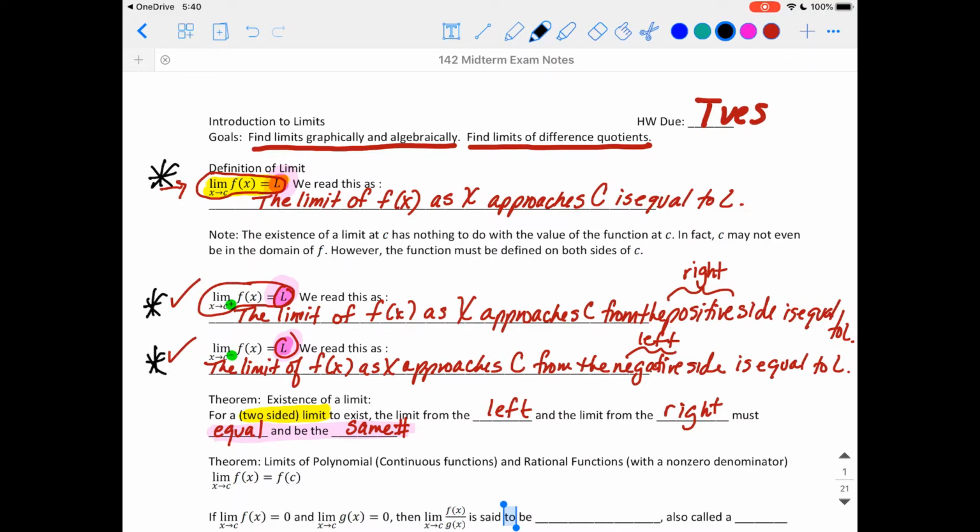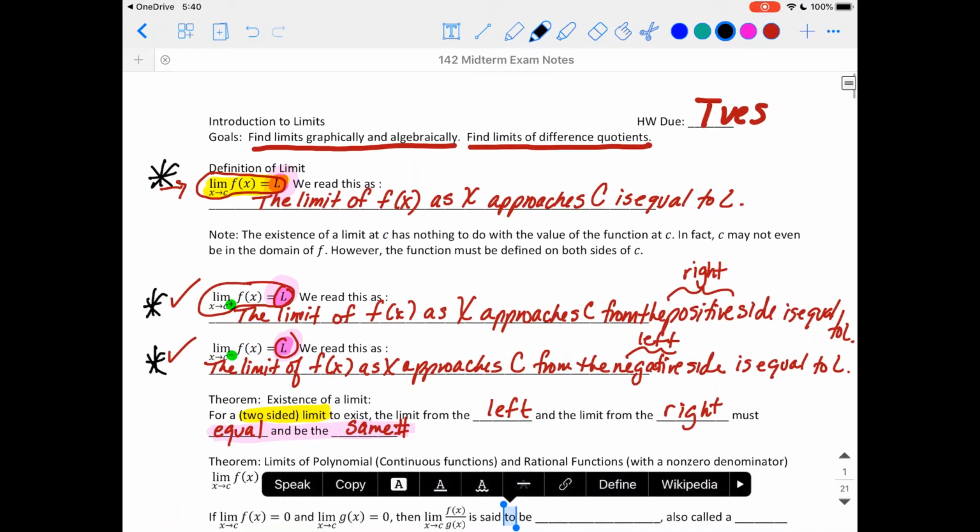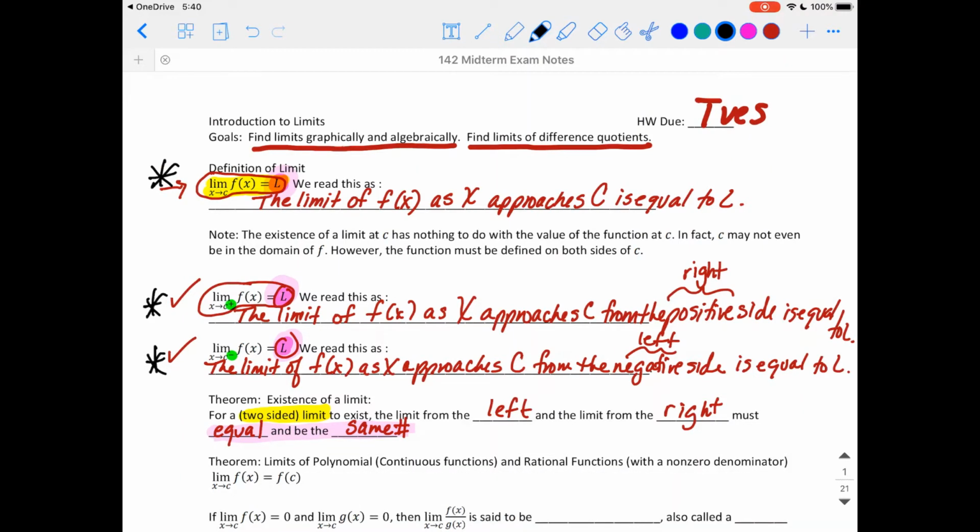And in order to see a limit graphically, we need to know our left from our right. If we don't, we're in a heap of trouble here. So I'm going to put it up here on the top of the notes. I'm going to be saying this quite a bit. So coming from the left, which is the negative side, is going this way, in this direction, coming from the left.